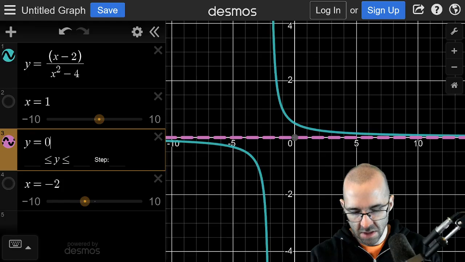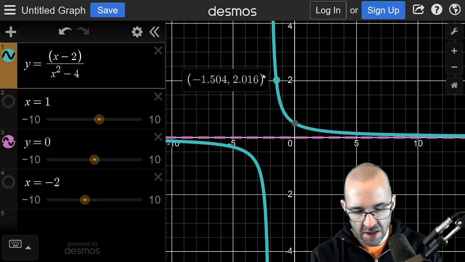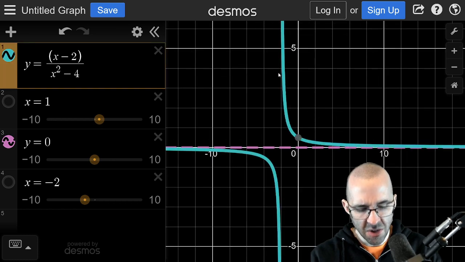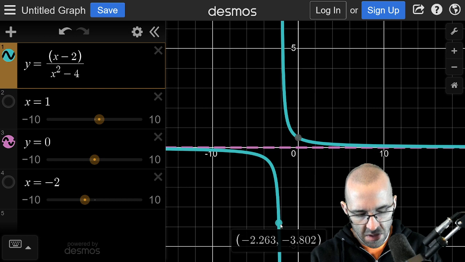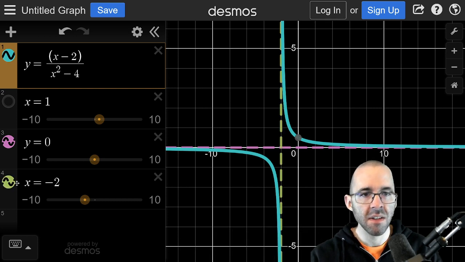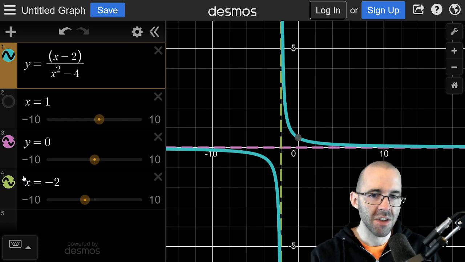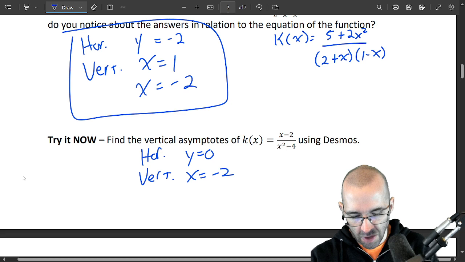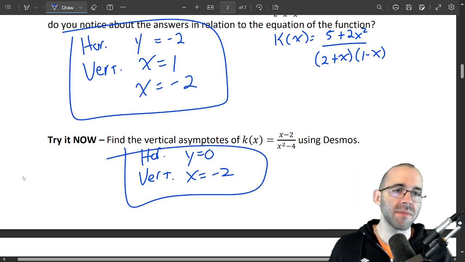What about vertical? Well, as our input, maybe zoom out, as our input's getting close to -2, the function shoots off to positive infinity or negative infinity. Great, there we go, that's the answer.